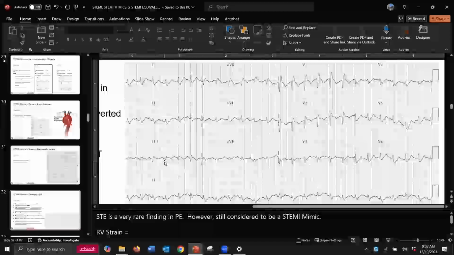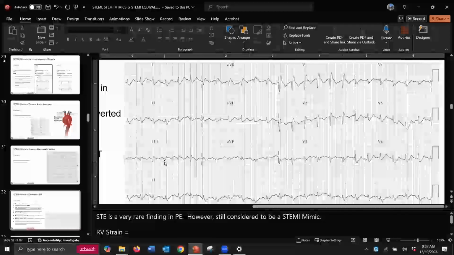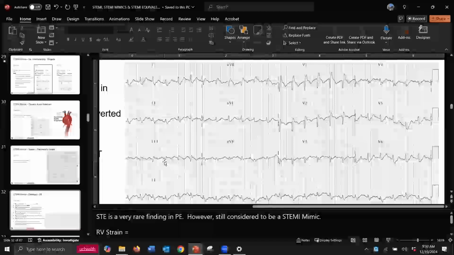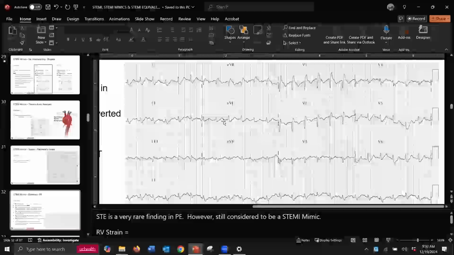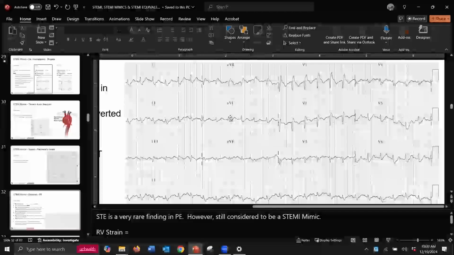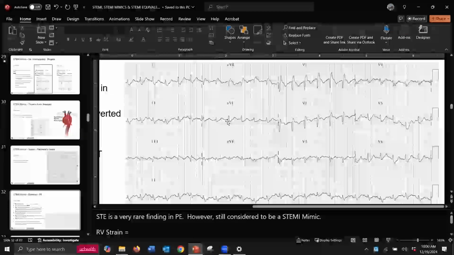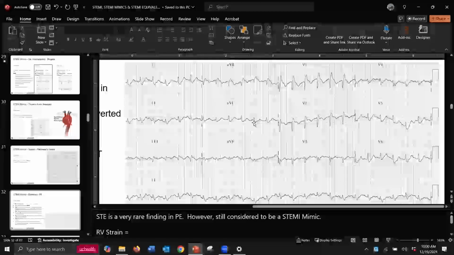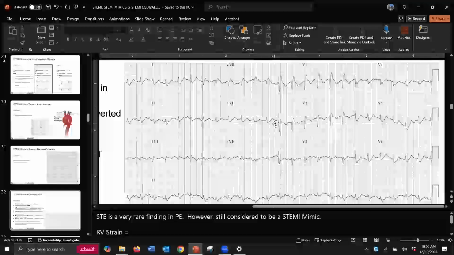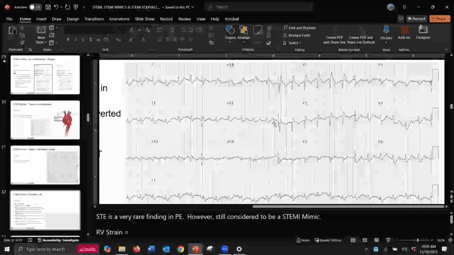S1Q3T3. And that in and of itself is meaningless unless we have a right ventricular strain pattern. And a right ventricular strain pattern is most prominent in AVL, and that is ST segment depression in AVL. That in the presence is typically associated with a pulmonary embolism.